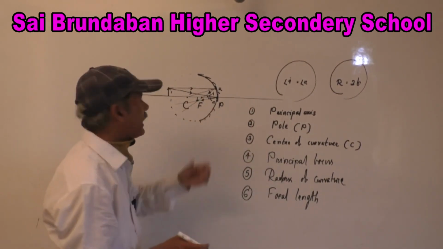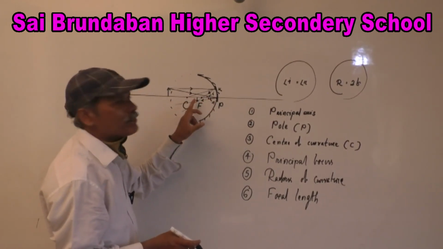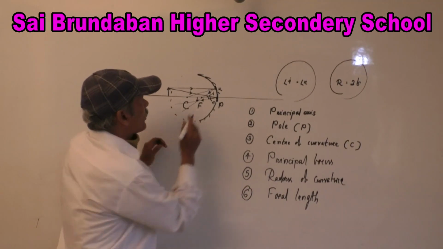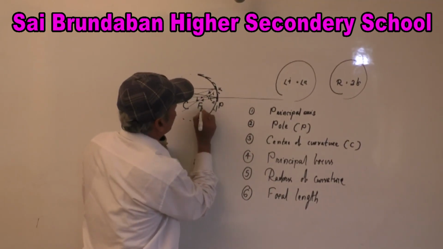Focal length is the distance from the pole to the principal focus. This is the focal length.